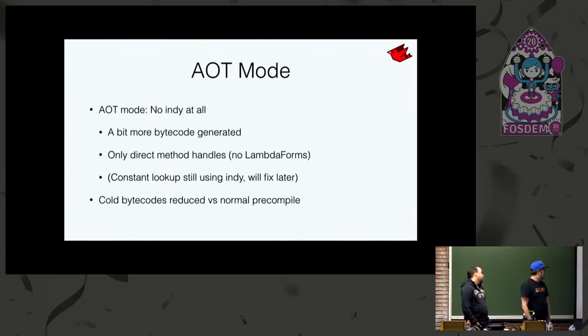We haven't started playing with any of the work being done there. So the results I have here still are using invoke dynamic for constant lookup, but almost everything else is just using the equivalent bytecode with a little bit less dynamic, a little bit less optimizable, but less cold bytecode to run.